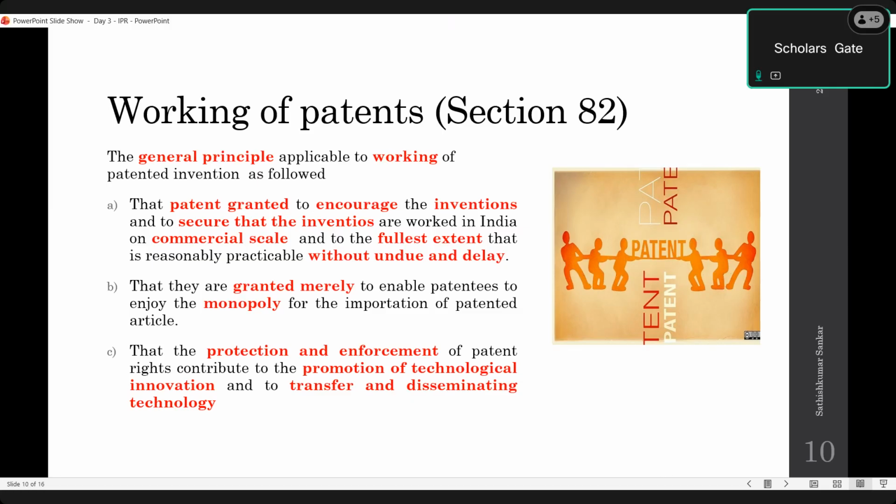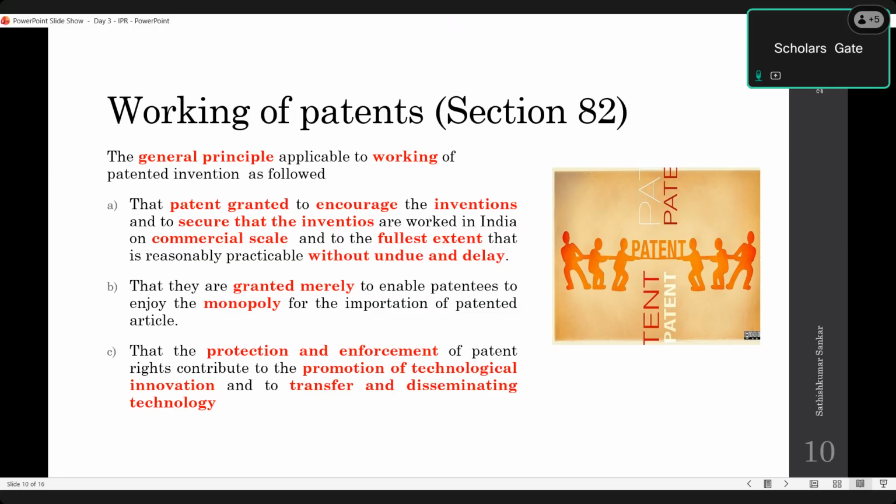As educators and faculty members, we are doing effective research, and we go for patent filing based on our inventions. Most of the inventions do not go to a commercial scale. That is a big issue in India, because some researchers stop their patent application at the stage of publication.